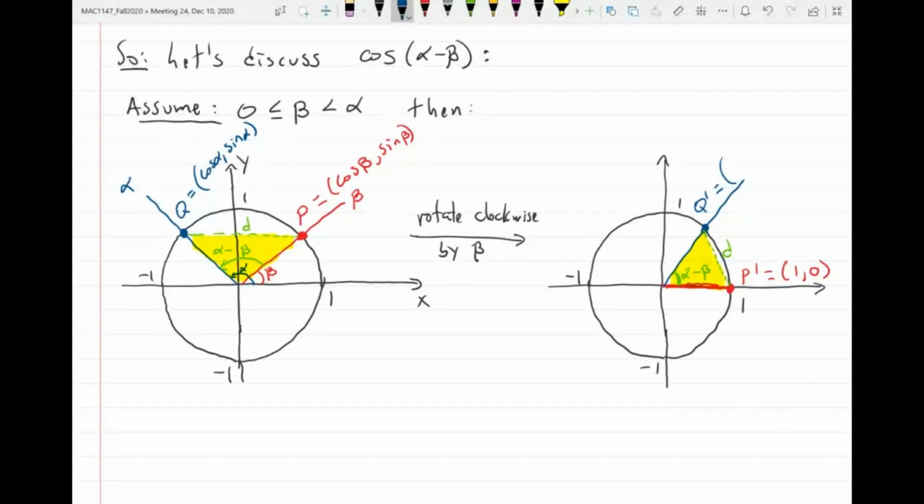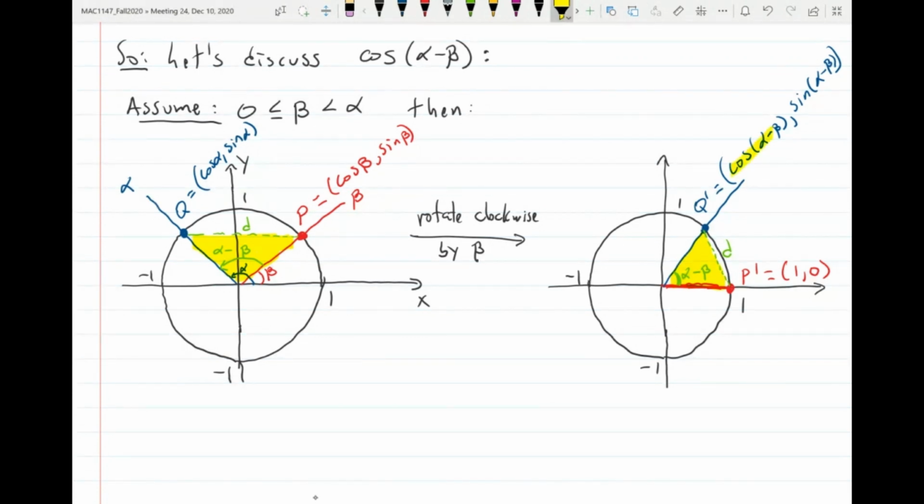So for Q prime, the angle is alpha minus beta, right? So this is going to be cosine of alpha minus beta, comma, sine of alpha minus beta. Now we are in business because we are bringing the cosine of alpha minus beta into the picture.